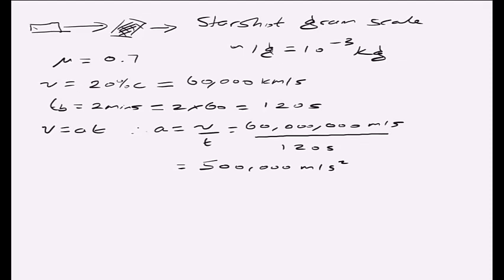And we know that 1g is equal to 9.81 meters per second squared.